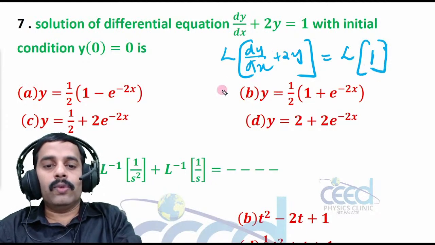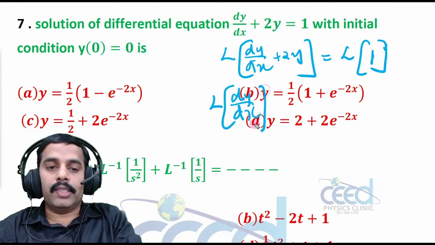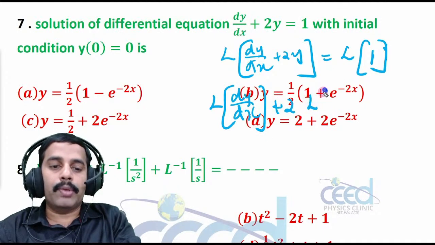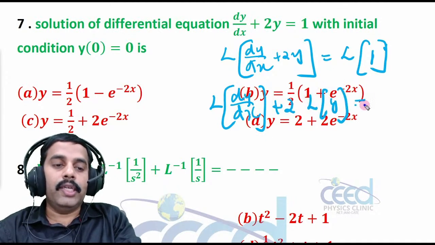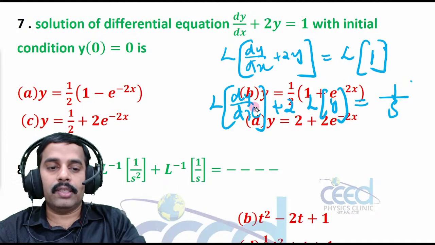Alright. So what is Laplace of dy by dx? Laplace of dy by dx plus 2 into Laplace of y equal to Laplace of 1 is 1 by s, that we have studied. What is Laplace of dy by dx, right?